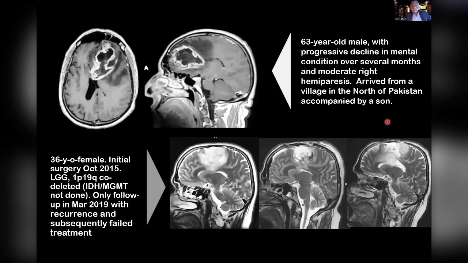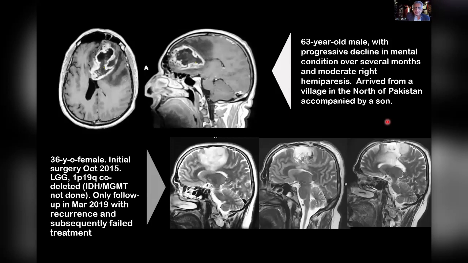And for some reason, he had his child with him as well. When I saw this gentleman, he was in bed, somewhat hemiplegic and unable to speak, lethargic. And I looked at it, and I think all the neuroradiologists over here would know exactly what this is. It's a GBM unless proven otherwise.